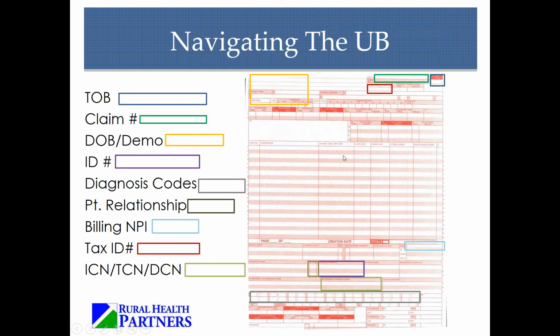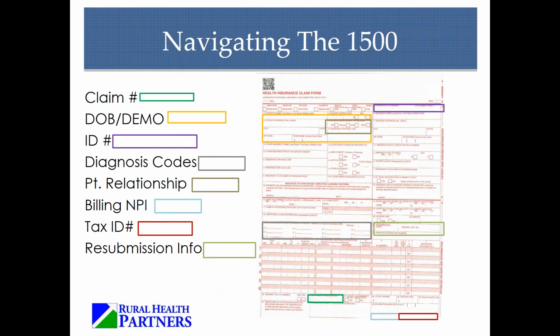And then if we had to get what's called an advanced beneficiary notice or an ABN, it ends up generating a modifier on the claim, and the modifier goes immediately after the procedure code. So if we think about the 1500, then again, a lot simpler form: the diagnosis codes, the procedures, and any modifiers.